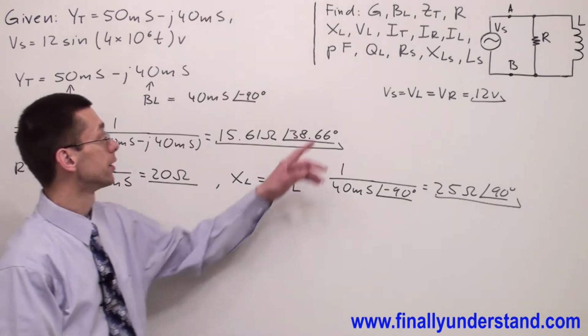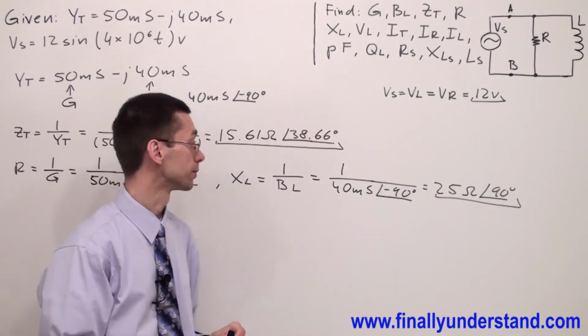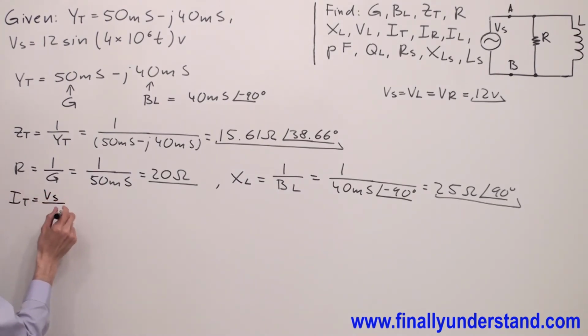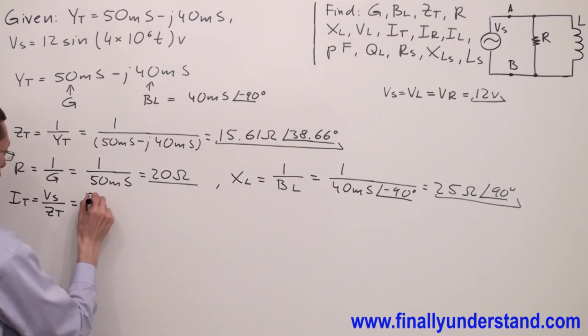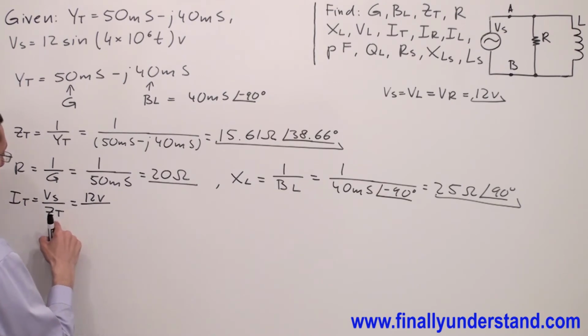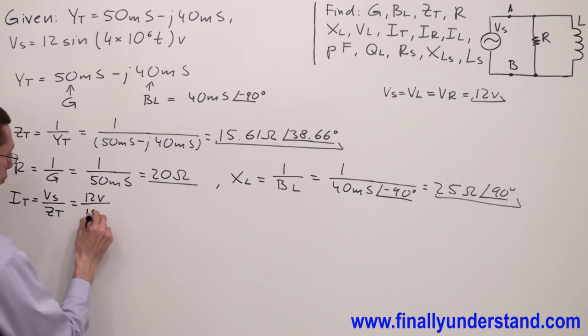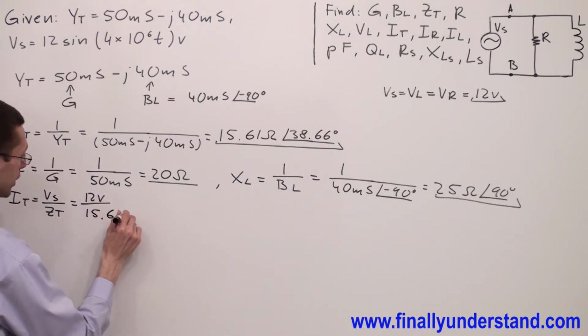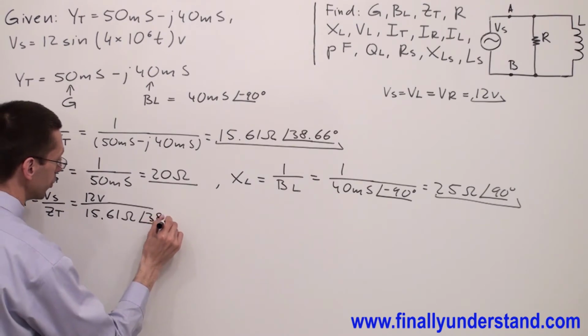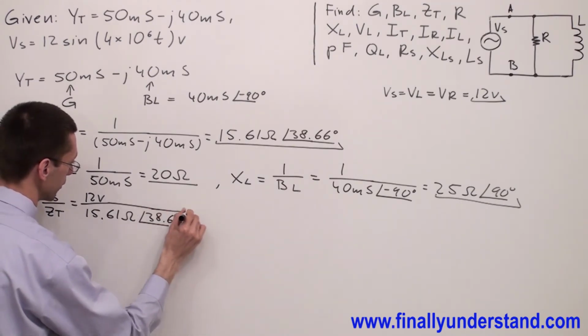So next we can find I total. I total is equal to voltage source over Z total. Okay? Where voltage source we said is equal to 12 volts, okay, and divided by Z total, which is equal to 15.61 ohms and angle of 38.66 degrees.